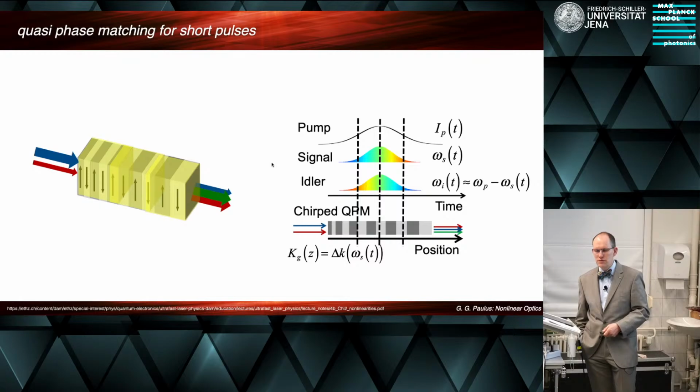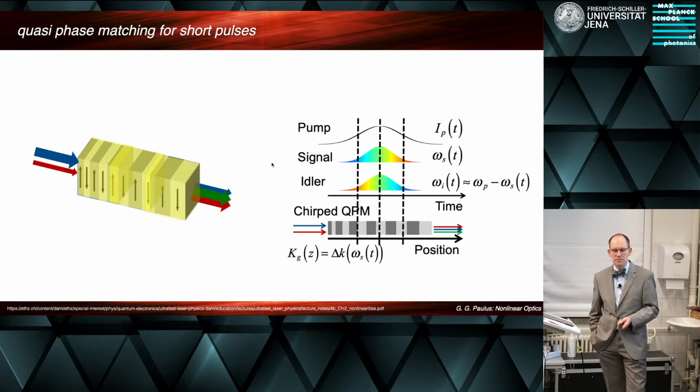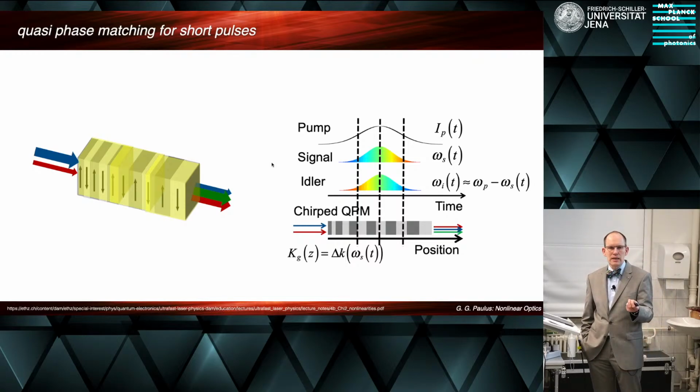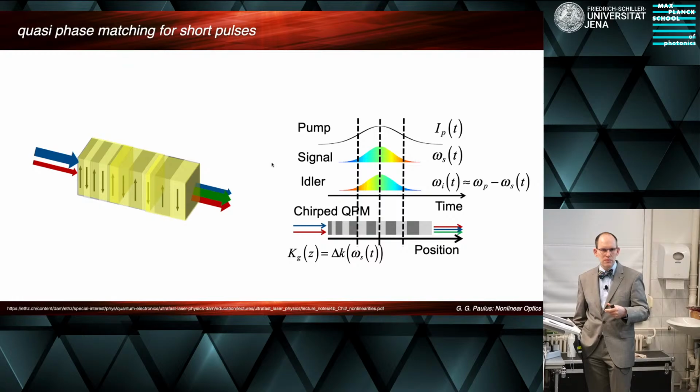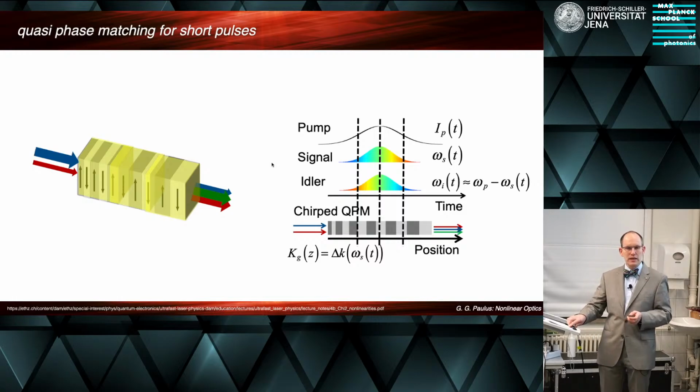Yeah, so this is the most frequently used periodically poled crystal. Of course, you see that there are not so many. There's not so much choice there, because it needs to be ferroelectric, which reduces, of course, the available zoo of crystals quite dramatically. So with this, I think we have done enough for phase matching.